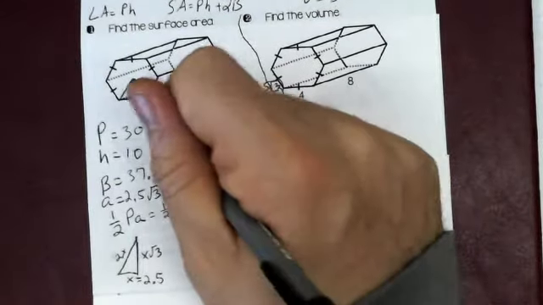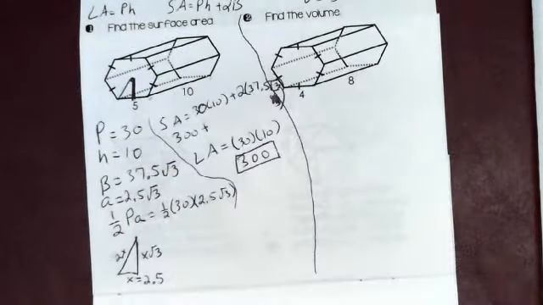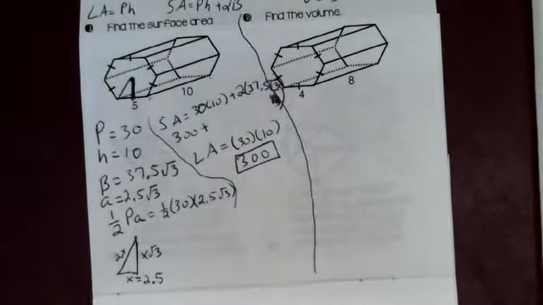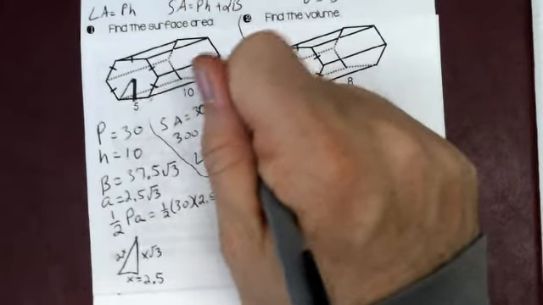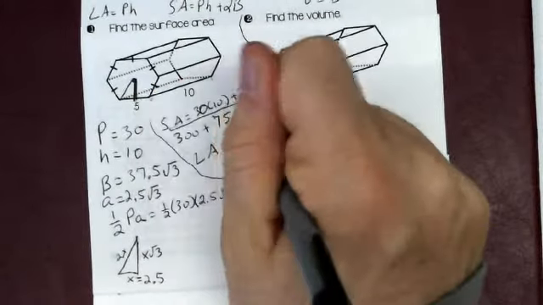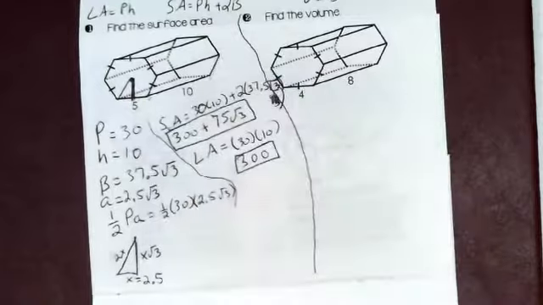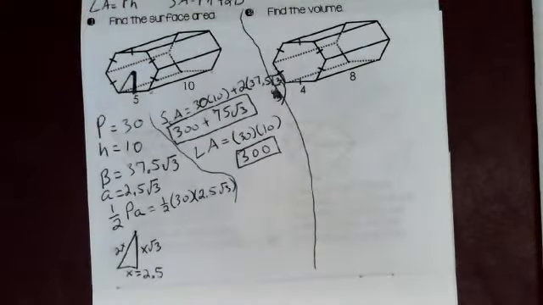Well, we know that that's going to give us 300 plus 37.5 times 2 gives me 75 on the square root of 3 square units. This is the exact surface area of our shape.